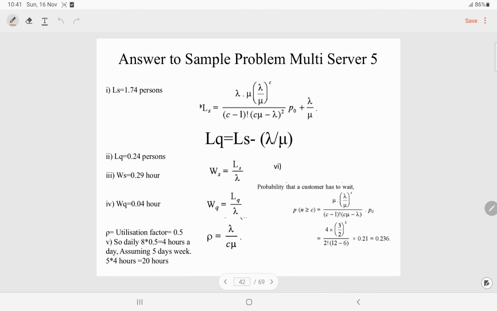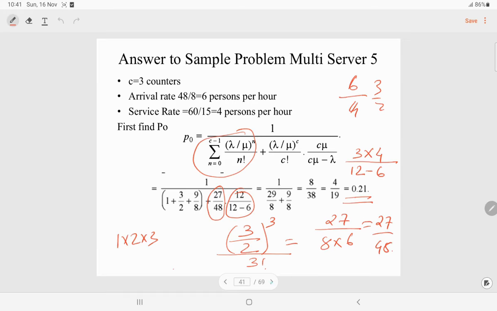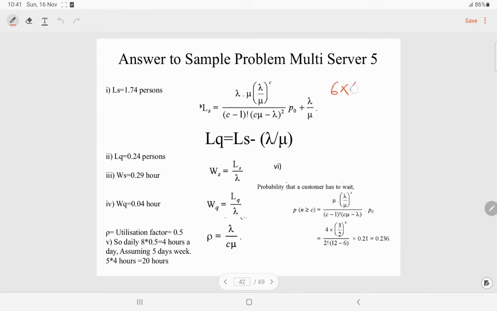Once it is ready, then we can substitute in the LS equation. So LS is equal to lambda, the lambda value is 6, into mu. What is the value of mu? Mu is actually 4. So 4 into lambda by mu, that is 3 by 2 raised to C is equal to 3, divided by 3 minus 1, 2 factorial into C mu, that is 3 into 4, 12, 12 minus 6 the whole square into P0 plus lambda by mu.